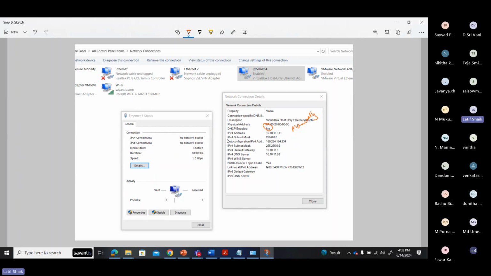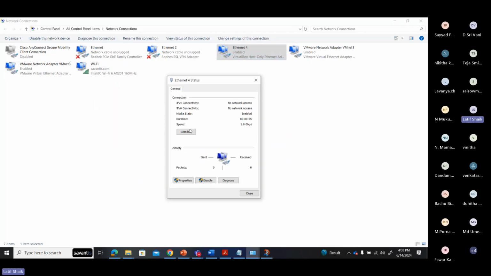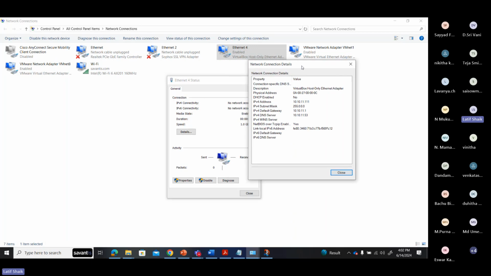If you see the IP address, subnet mask, default gateway, and DNS server address, it is still showing some error. We'll try again. Yeah, now it is good. DHCP enabled no means this adapter was assigned an IP address manually.